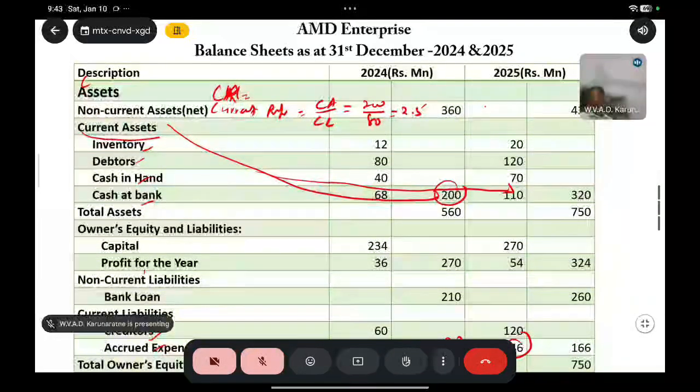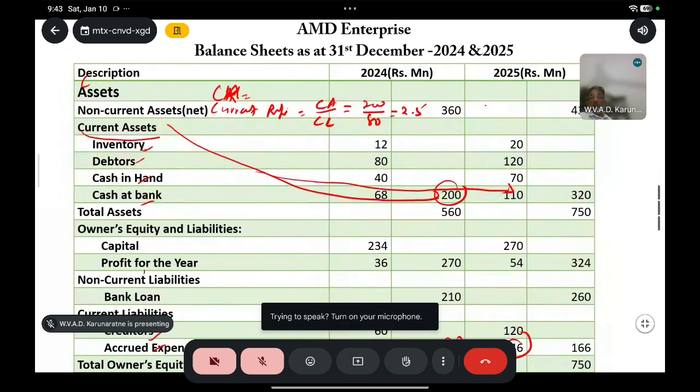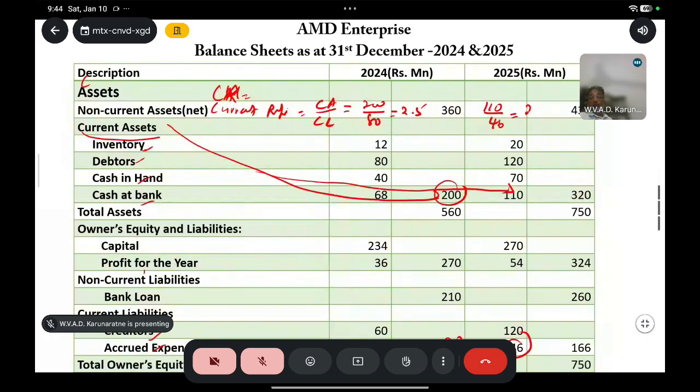2.5. If you go to the year 2025, then current asset is 110. Then current liability is 46. What is the answer? 2.39. That is somewhat closer, but we can see some declining, no?